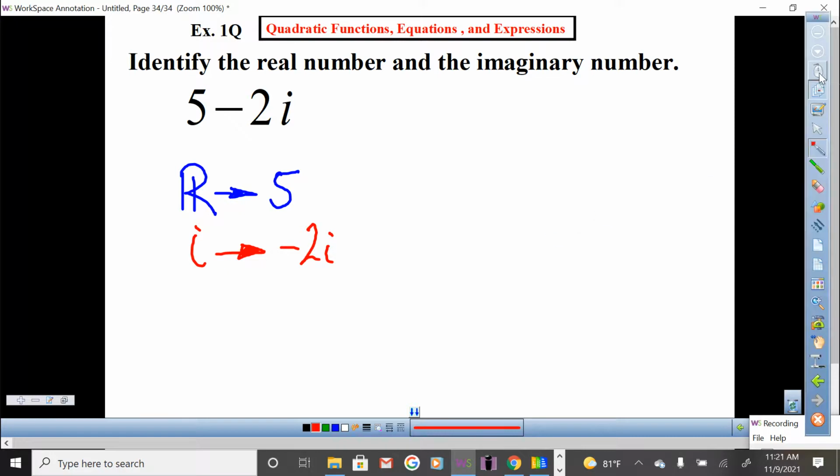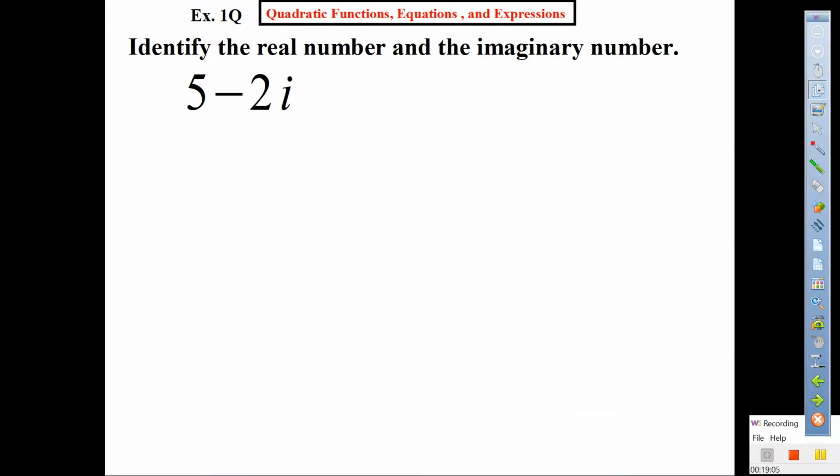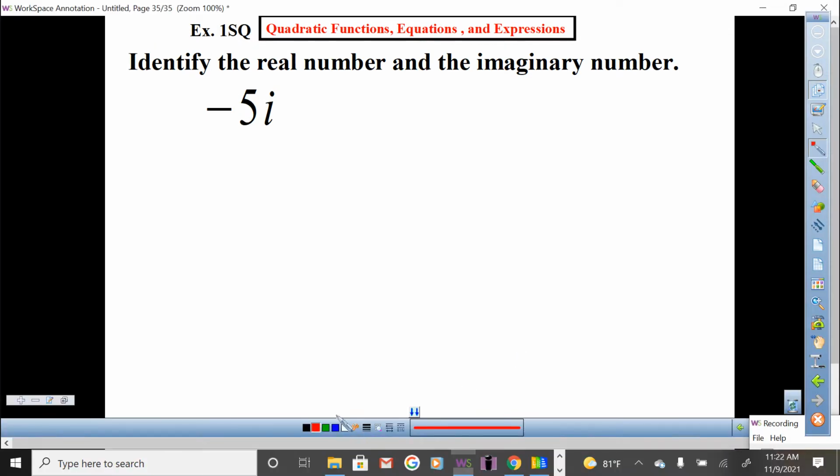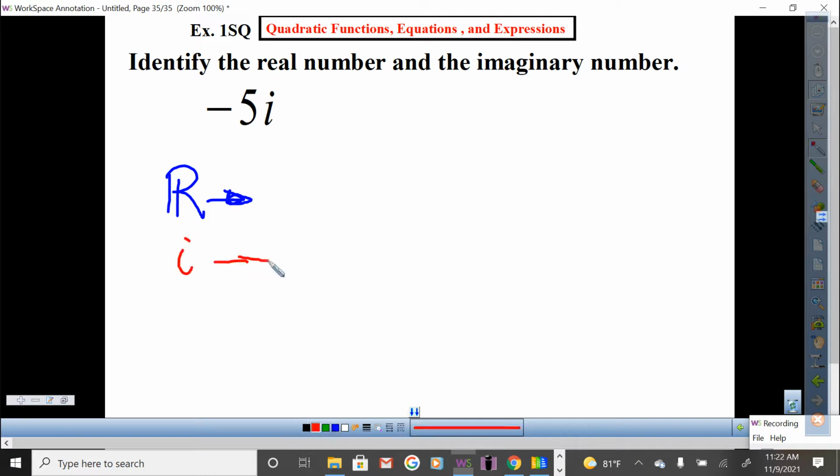Here we go. Example 1, super cute. Negative 5i. Identify the real and the imaginary.